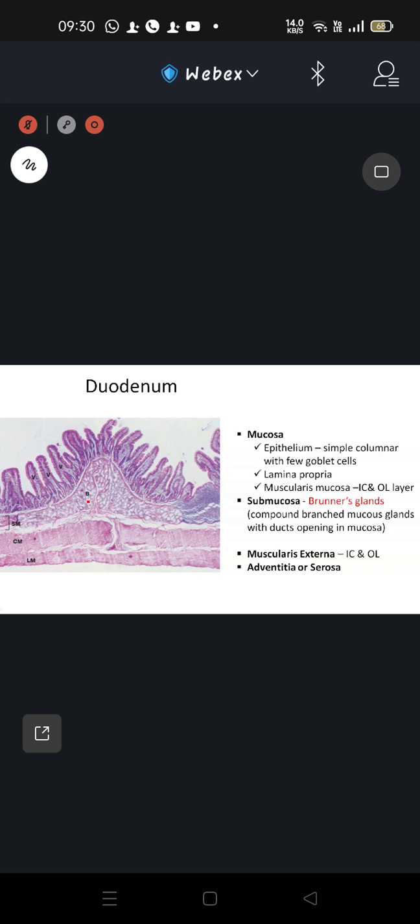So that portion is interrupted in between. Otherwise, the muscularis mucosae here is very thick, with an inner circular and outer longitudinal layer. So what we can appreciate here is the lining of simple columnar epithelium with goblet cells in between, and the straighter portion of the crypts of Lieberkühn having the intestinal gland.